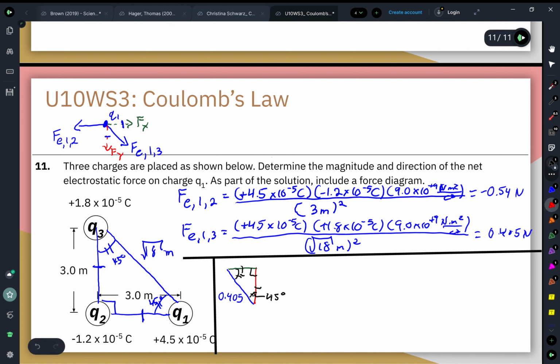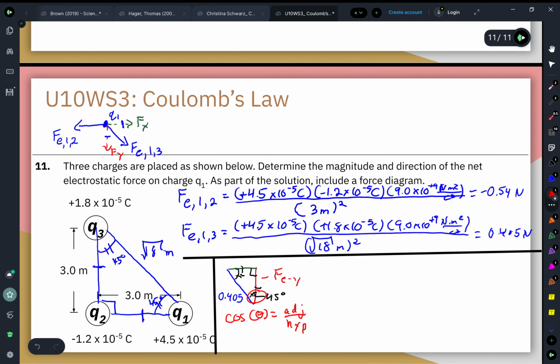So let's just go for the vertical component of our electric force here. That is going to be a side that, let's go with this one. It will be our adjacent. So we have our adjacent, we have our hypotenuse, and we have our angle. In order to solve for the adjacent, we can use our cosine. So cosine of our angle is equal to our adjacent over our hypotenuse.